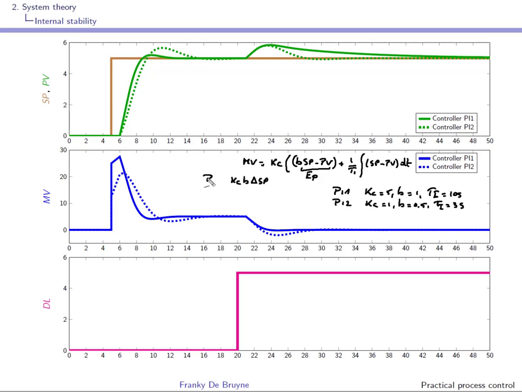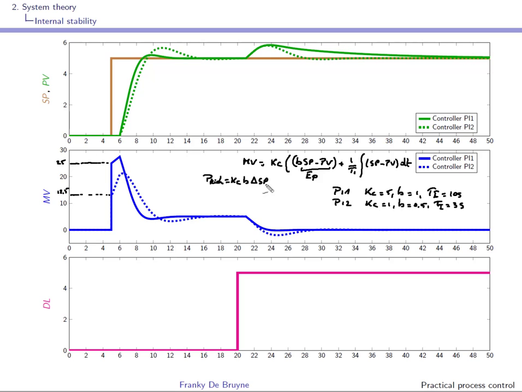This is the P kick, right? So in the first case it is a P kick of 25, and with B equal to 0.5 we have a smaller proportional kick of 12.5.